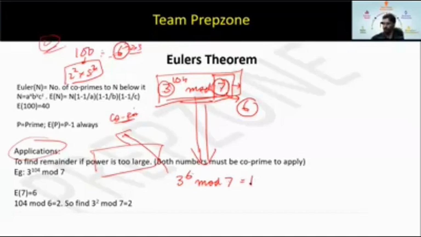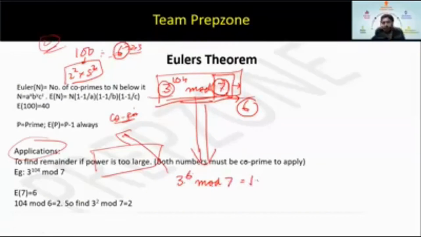I hope till here it is clear. This is a simple theorem: take out Euler of 7, which is 6, and then 3 raised to the power 6 mod 7 equals 1 if these two are co-prime to each other.